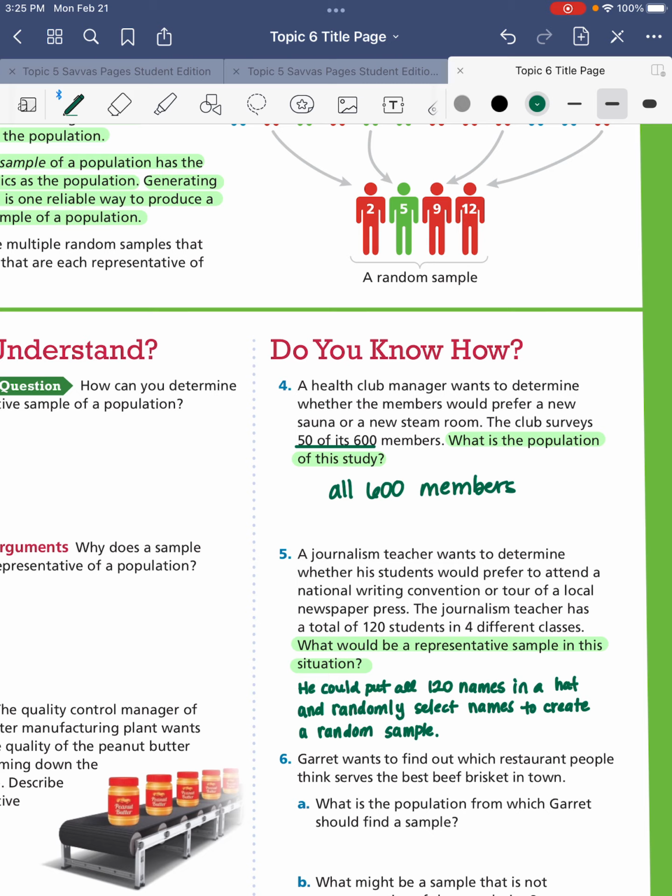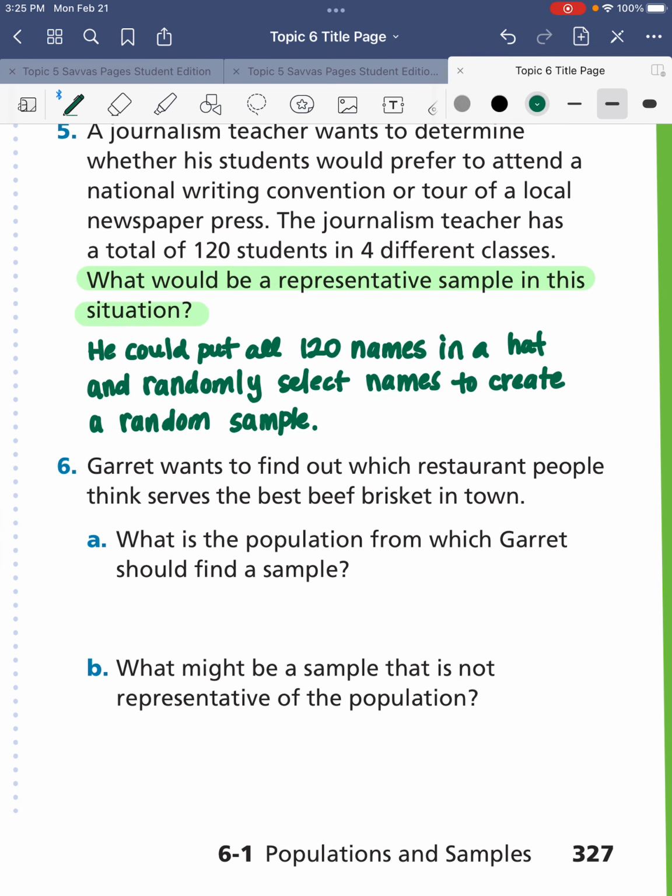Okay, let's move on to number 6. Garrett wants to find out which restaurant people think serves the best beef brisket in town. So part A, what is the population from which Garrett should find a sample? Well, he's trying to find which restaurant serves the best beef brisket in town. So wouldn't the population be the whole group?